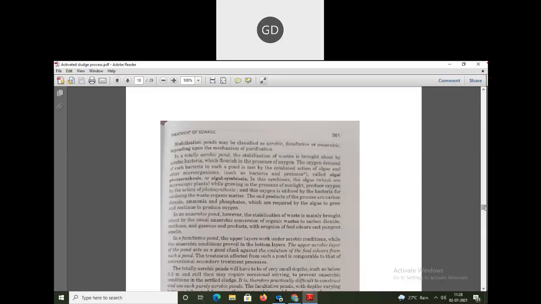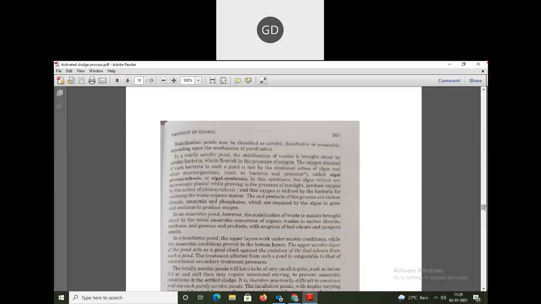The aerobic bacteria present in the waste bring about the stabilization of this waste, and they flourish in the presence of oxygen. The oxygen demand required by such bacteria is met by the combined action of algae and other microorganisms that are also present in the wastewater.